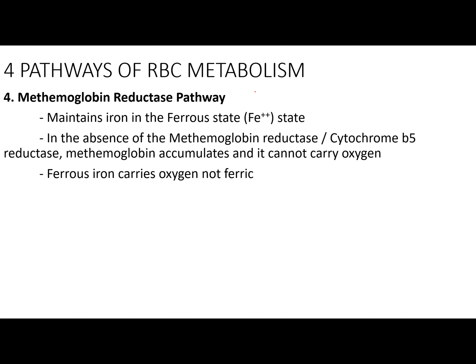So please remember yung methemoglobin reductase, cytochrome B5 reductase. It's the one that would allow the conversion of your methemoglobin, thus maintaining the ferrous form of your iron. Because the ferrous form of iron, class, would carry oxygen, not ferric. So very important pathway siya, class. So please copy.